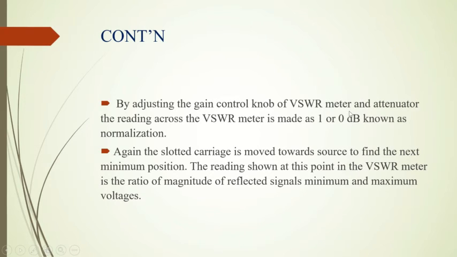So you normalize the VSWR meter. And again you move your slotted line carriage towards the source to find the next minimum position, and then the reading on the meter is the ratio of the magnitude of reflected signals, minimum and maximum voltages.